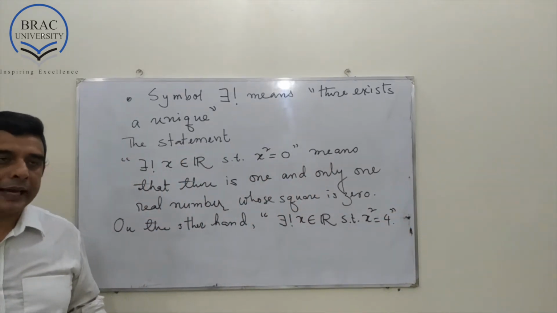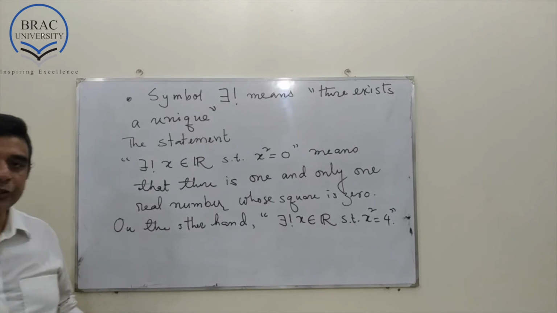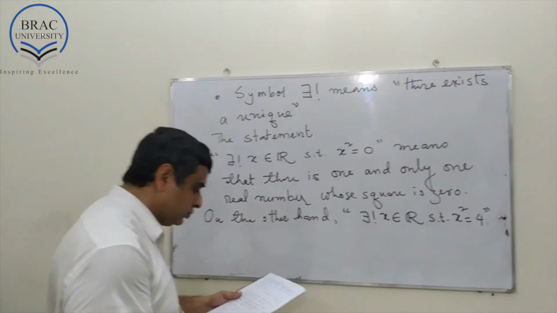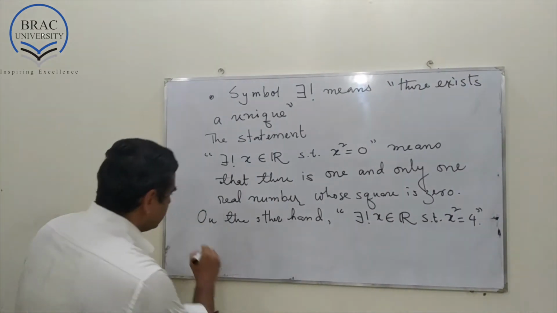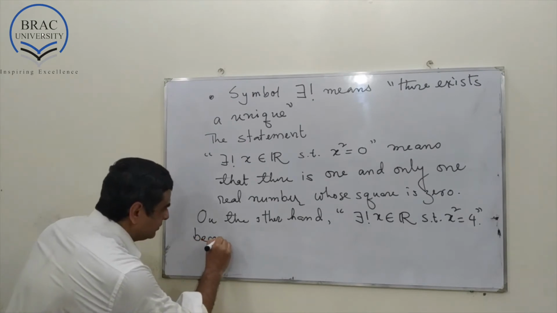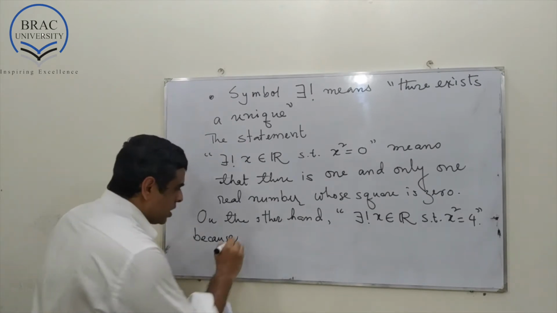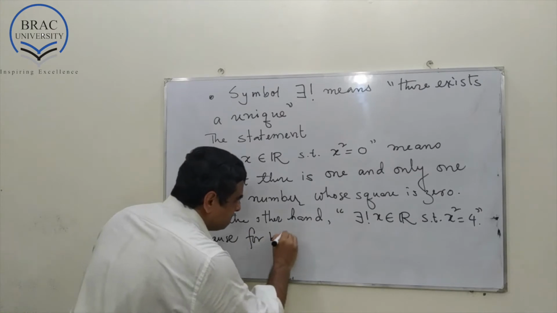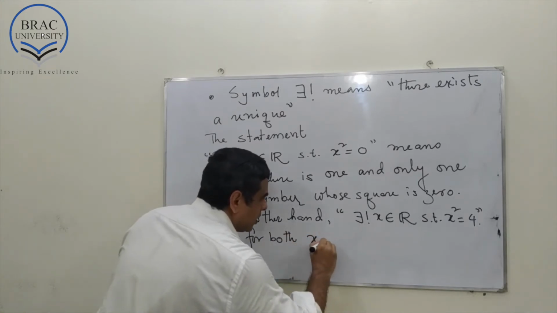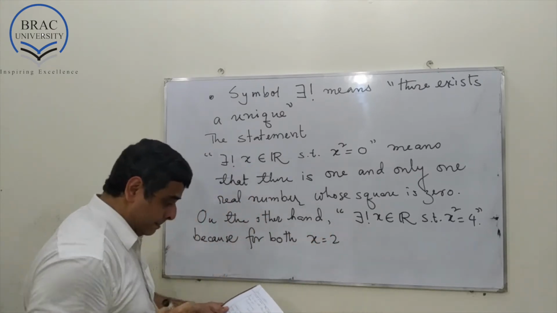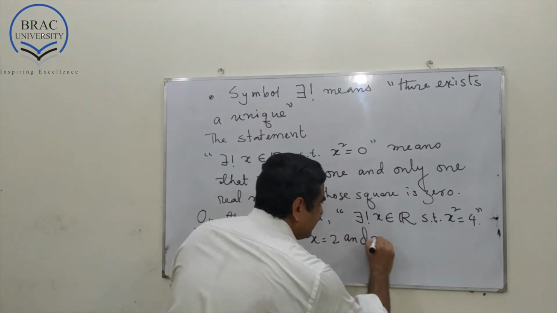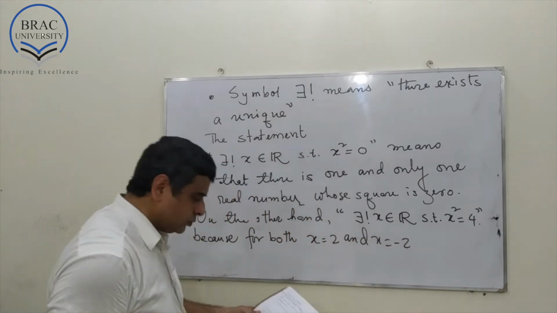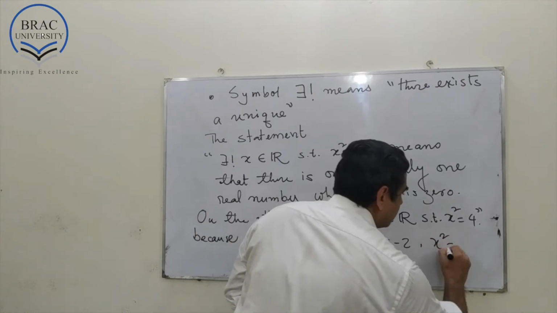Give it a thought and realize that it is not true. Why? Because for both 2 and minus 2, x squared will be 4.